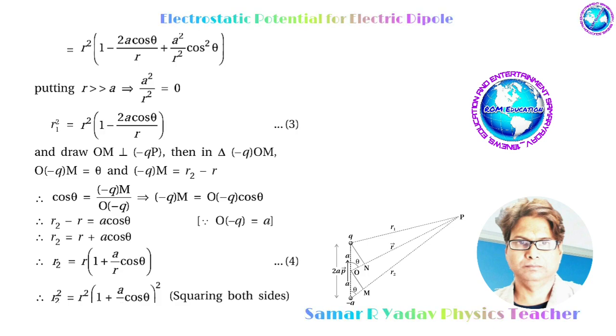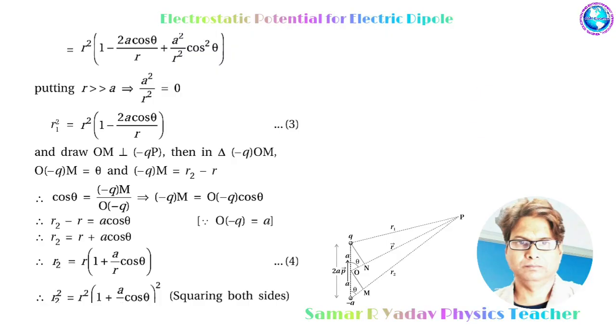Draw OM perpendicular to minus Q P. Then in triangle minus Q O M, angle O minus Q M is equal to theta, and minus Q M = r2 - r. Therefore cos theta = minus QM/O minus Q, which implies minus QM = O minus Q cos theta.